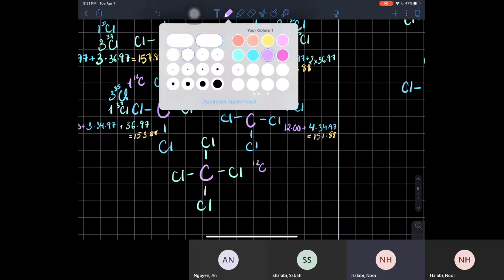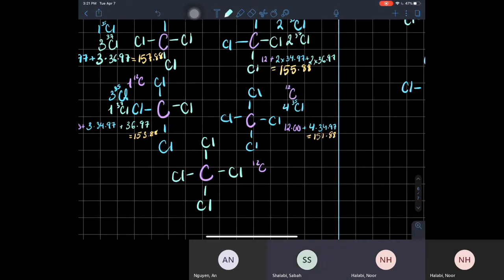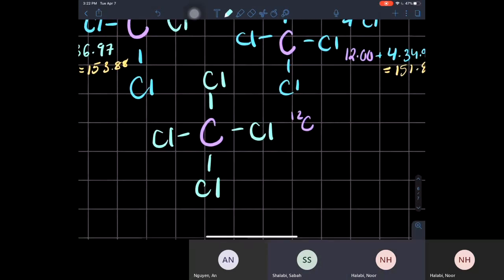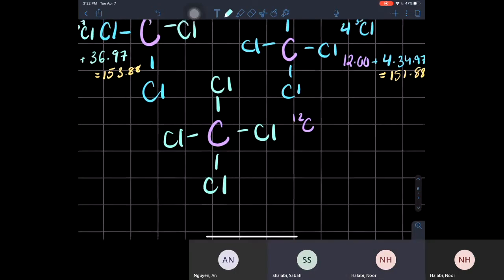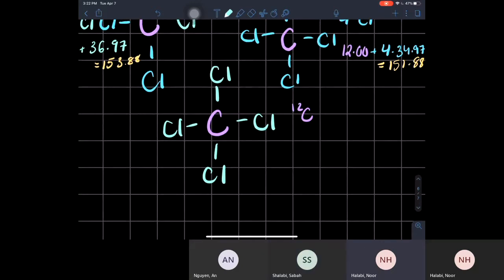And how many green ones do I have now? 4, all of them. Yeah, I know the color's kind of stupid. I don't know why I chose this one. Anyways, so yeah, chlorine 35.